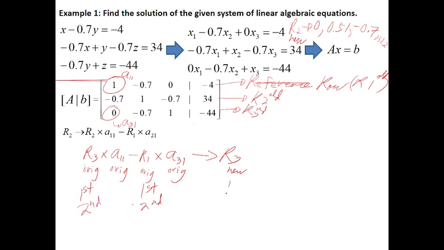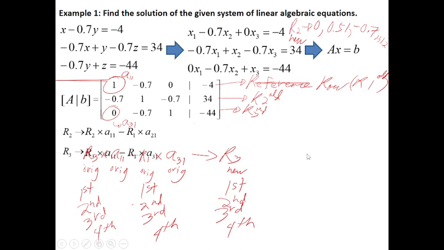So sabihin, makakakuha ka ng first nyo, second nyo, di ba? Third nyo, then yung fourth nyo. Okay? So, ganun yung pattern. Okay, so ito siya. Ayan. Okay?